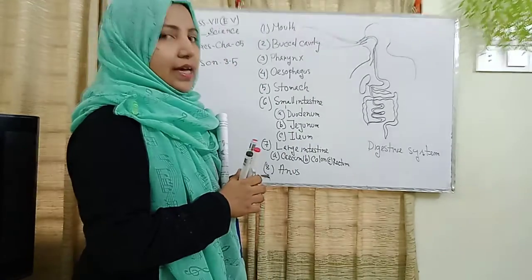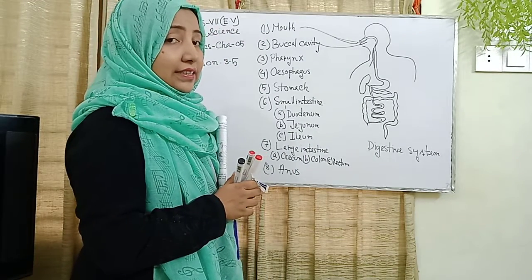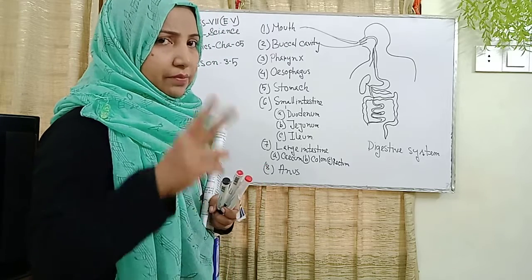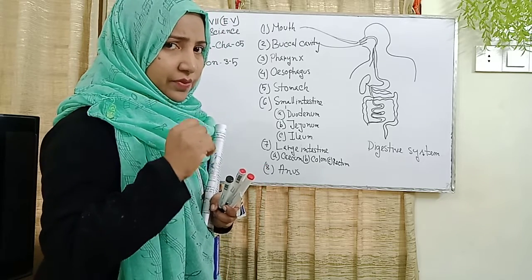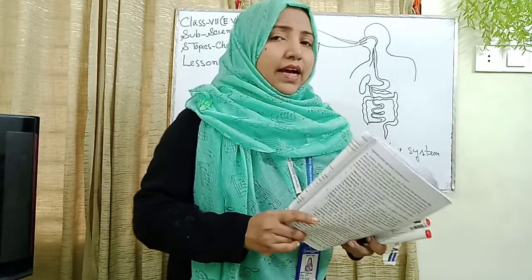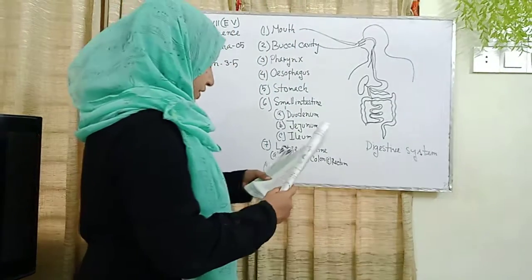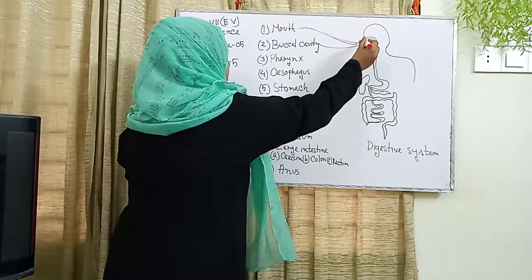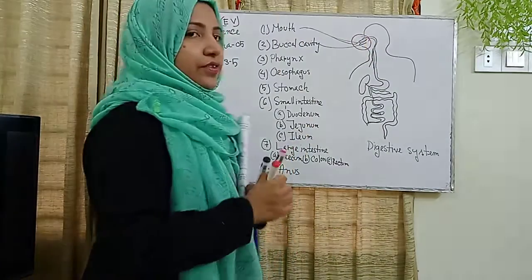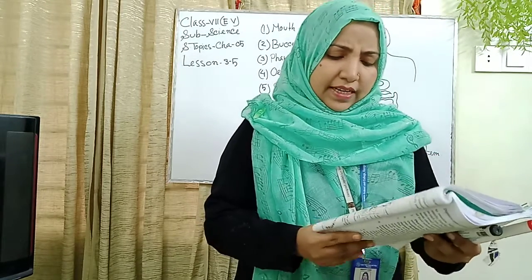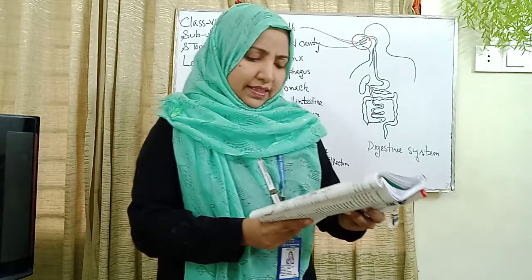Here also the first structure is the mechanical process. In this mechanical process, there are basically two types: first is teeth and another is tongue. Second is the buccal cavity. What is the buccal cavity? Next to the mouth is the buccal cavity.